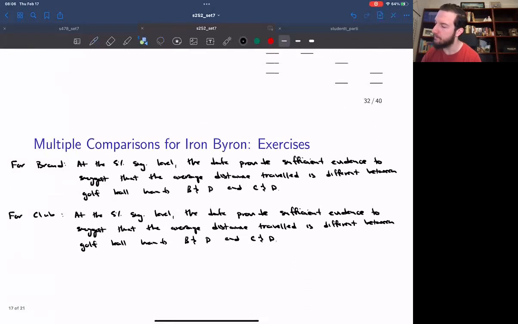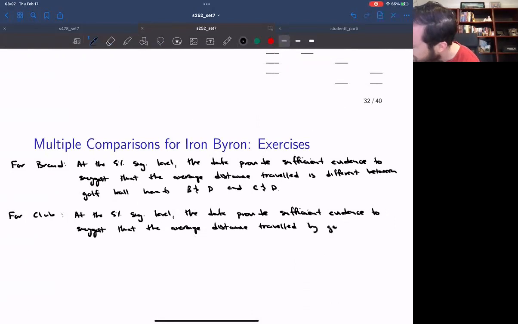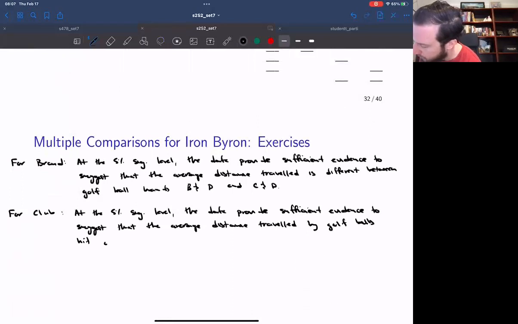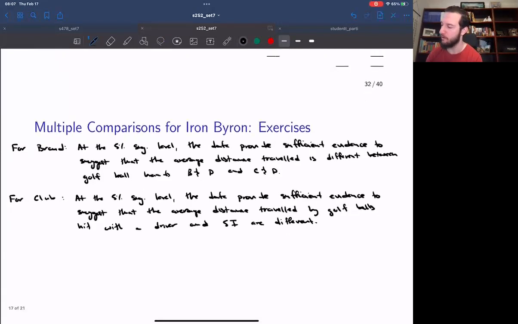So here we can say, at the 5% significance level, the data provides sufficient evidence to suggest that the average distance traveled by golf balls hit with a driver and 5-iron are different, which is not overly surprising if you're familiar with how golf works.